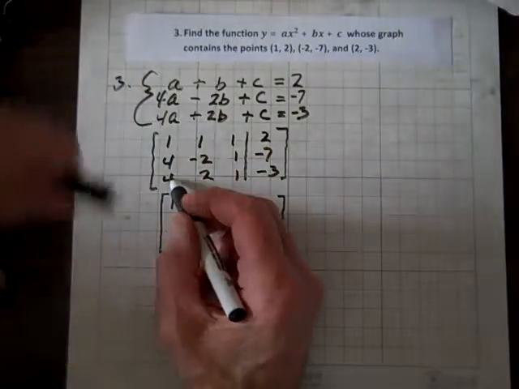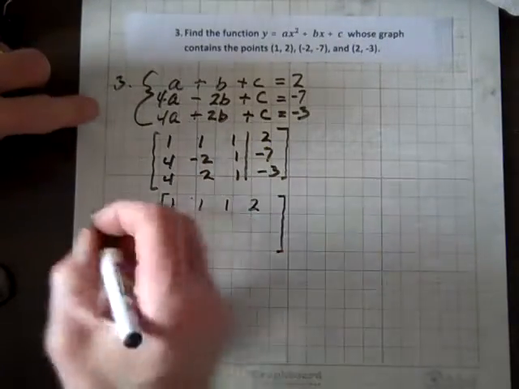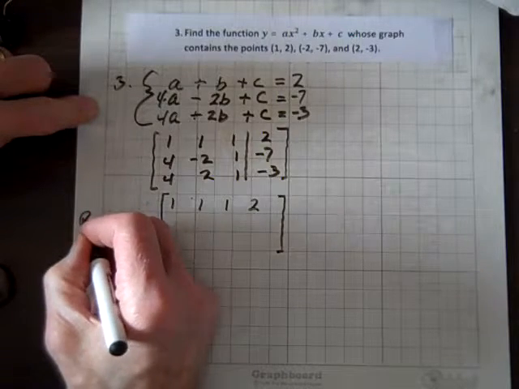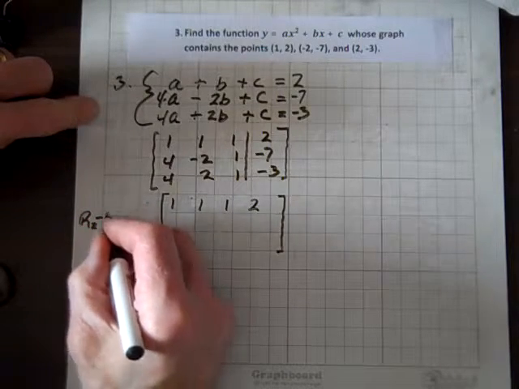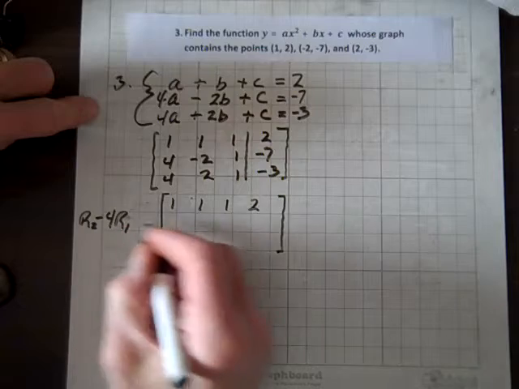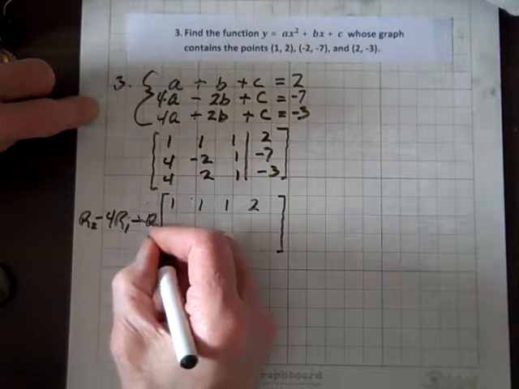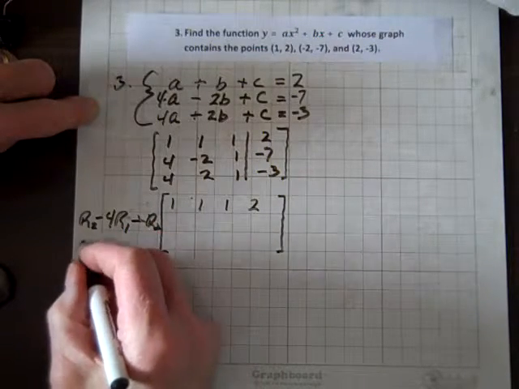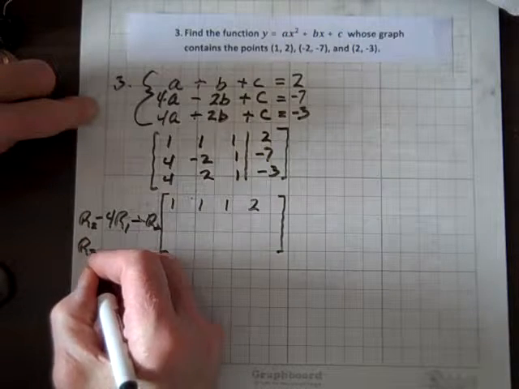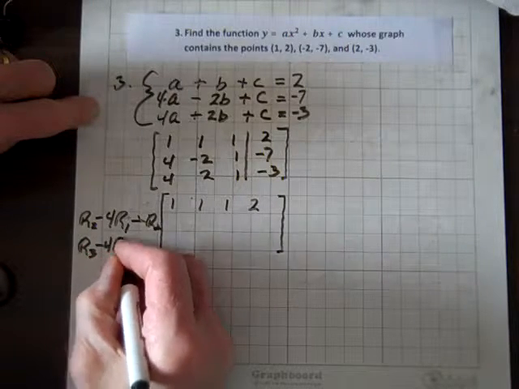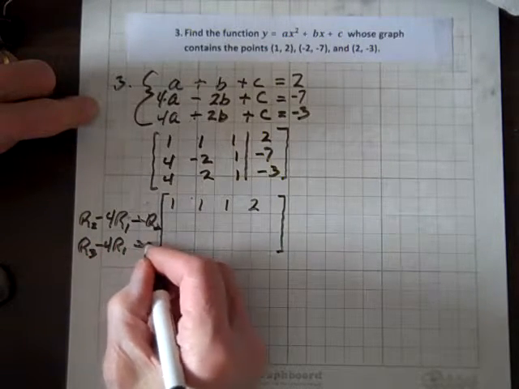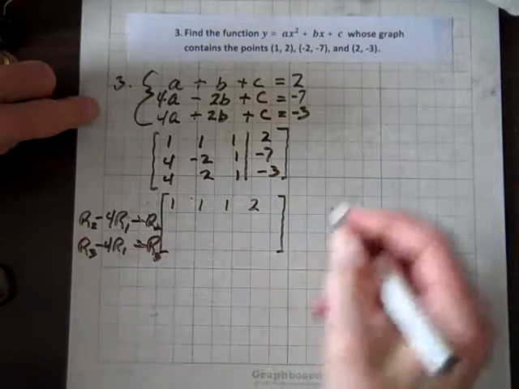We also want to get a 0 there. So we'll take row 2 minus 4 times row 1 will replace row 2. And we'll do the same thing with row 3. So row 3 minus 4 times row 1 will replace row 3.